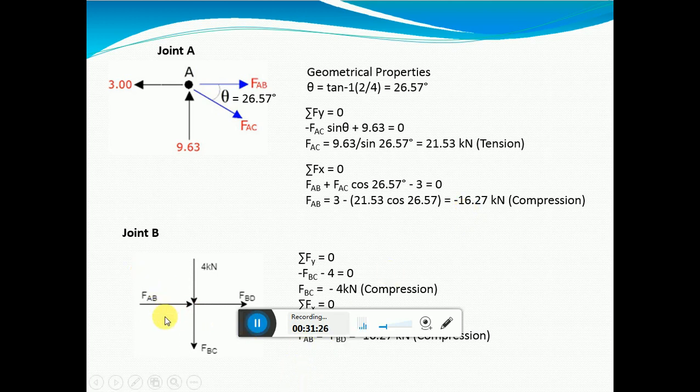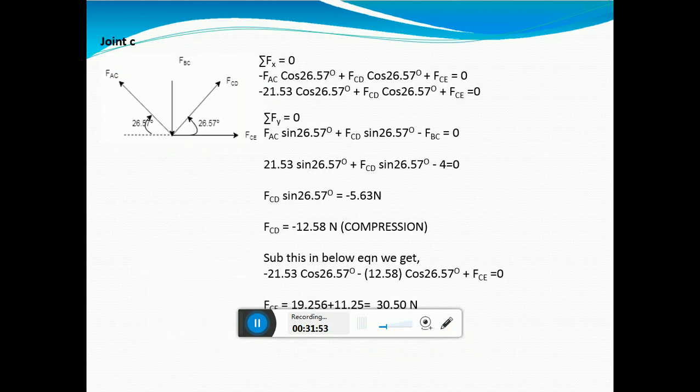Substitute FAB as 16.27, so plus 16.27 plus FBD is equal to 0. Therefore FBD is equal to minus 16.27. It is in compression.